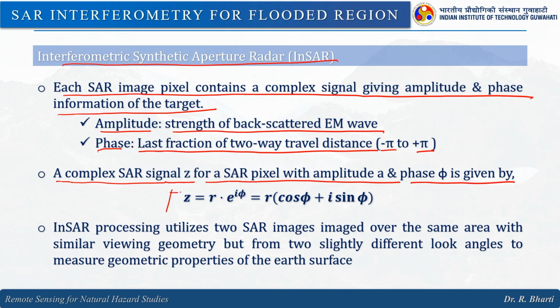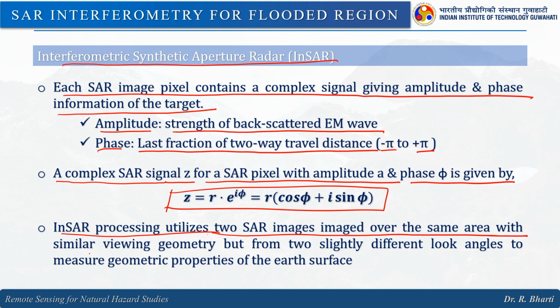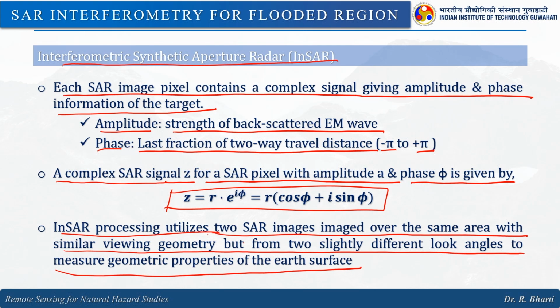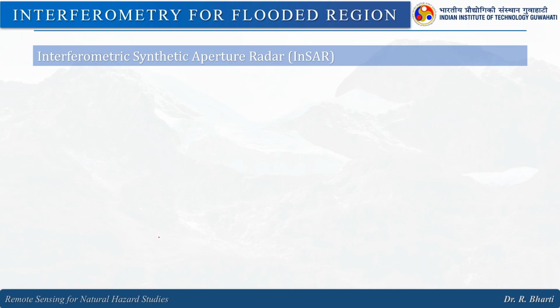by this equation, right. InSAR processing utilizes two SAR images over the same area with similar viewing geometry, but from two slightly different look angles to measure geometric properties of the earth surface. That is what we have when we talk about the InSAR configuration, right.